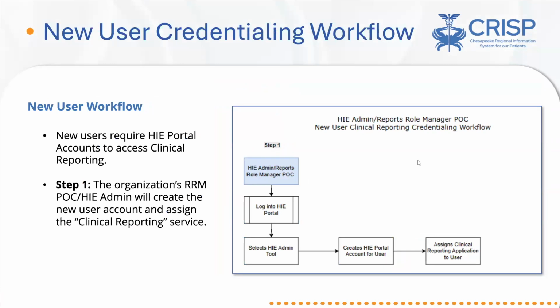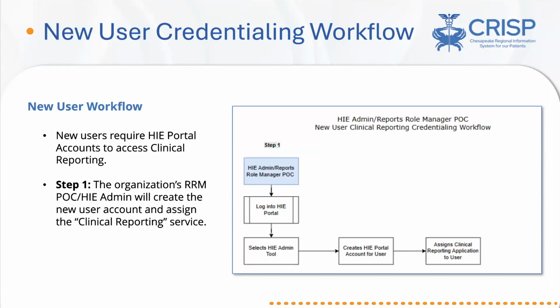For a new user, the organization has an existing POC and HIE admin. The HIE admin has access to portal and the HIE admin tool. The reports role manager POC has access to the HIE admin tool.